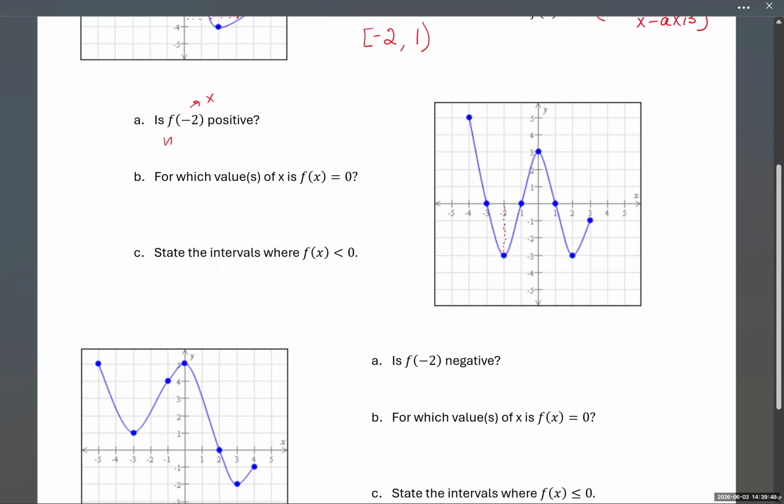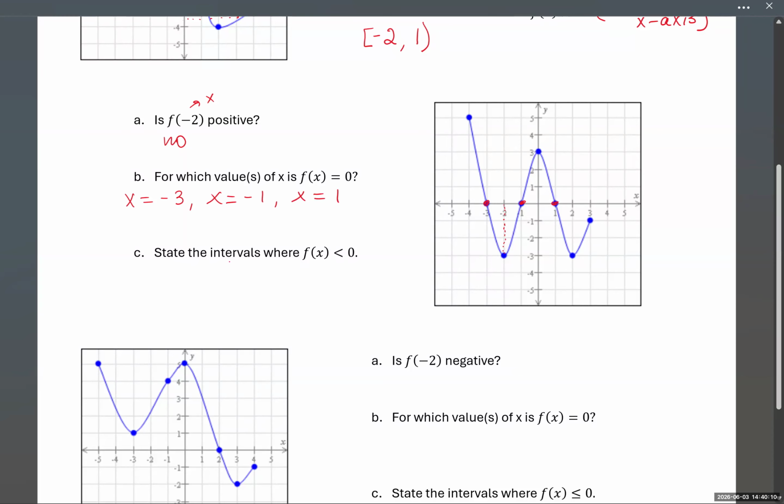It's not. For which values of x is f of x equal to 0? Well, once again, this is just the x-intercepts, and this is just x values. So x equals -3, x equals -1, x equals 1.